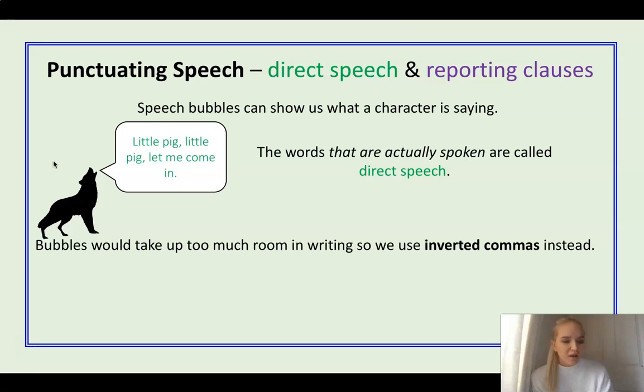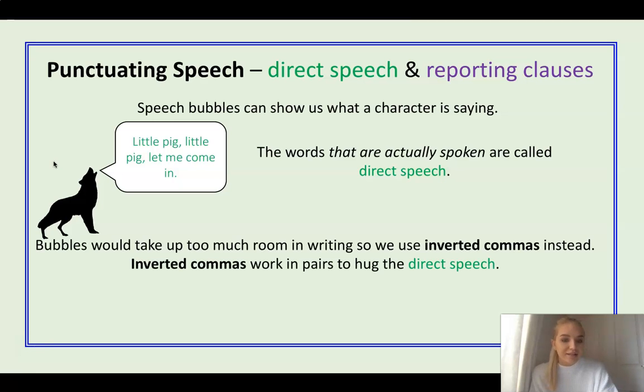And sometimes though, if we are writing a story or a poem, if we are consistently putting bubbles in our writing, it would take up too much room. So this is why we use our inverted commas to help us show that it is speech instead, and that's what we're going to be looking at today. We need to understand that inverted commas work in pairs.